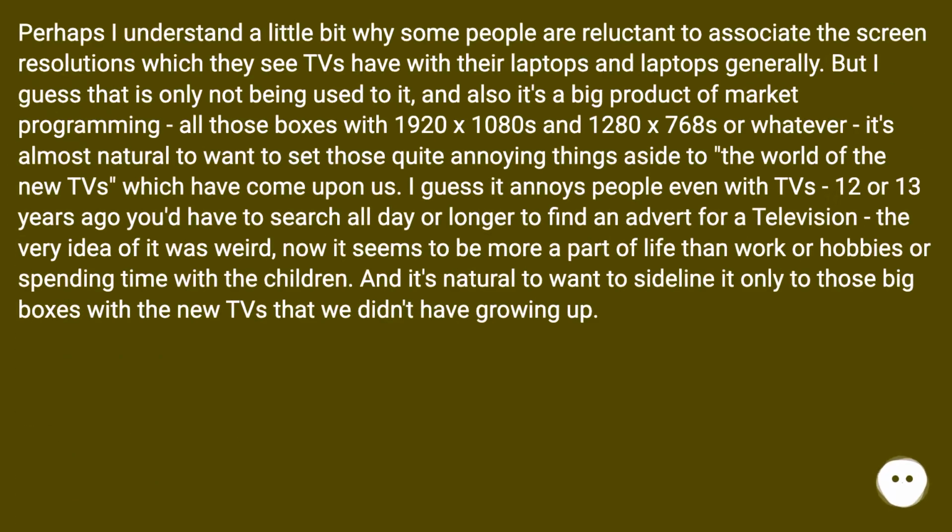Perhaps I understand a little why some people are reluctant to associate the screen resolutions they see on TVs with their laptops. I guess that is only from not being used to it, and also it's a product of market programming. All those boxes with 1920 x 1080s and 1280 x 768s or whatever, it's almost natural to want to set those quite annoying things aside to the world of the new TVs which have come upon us.